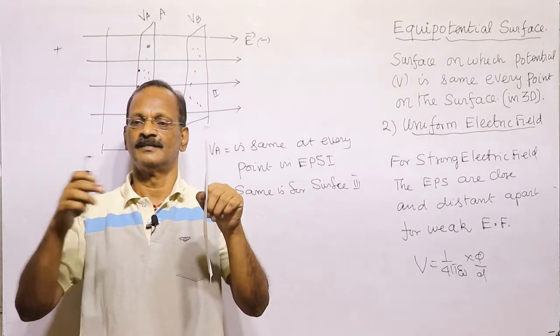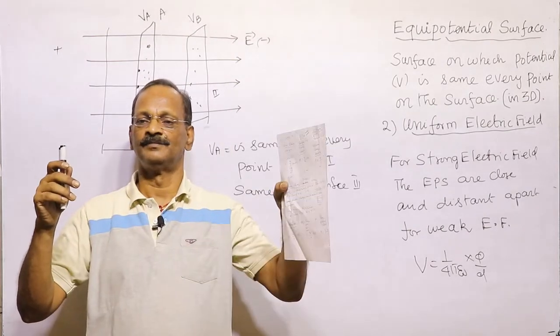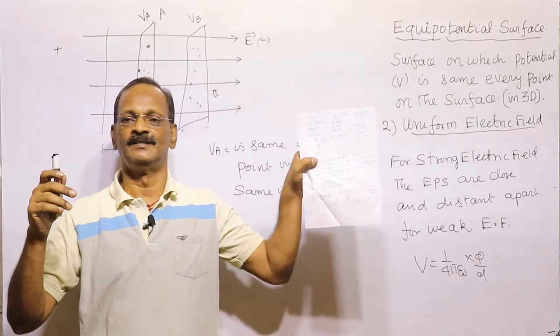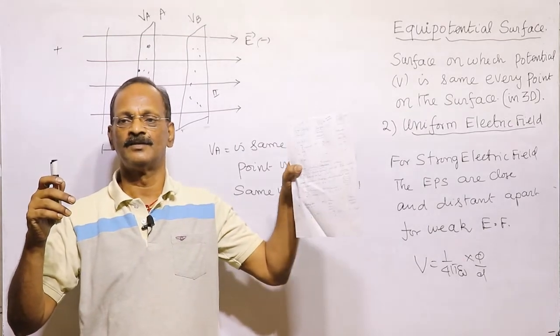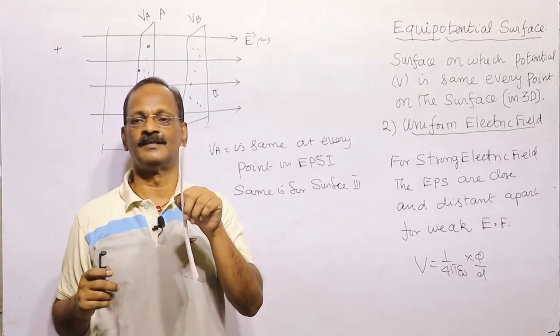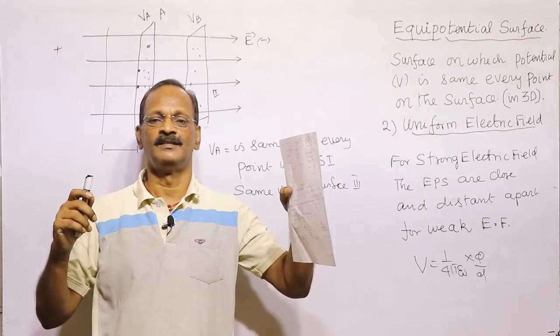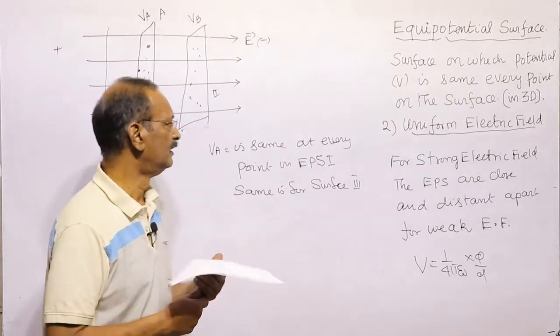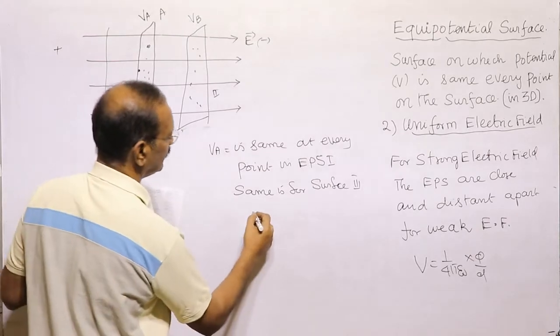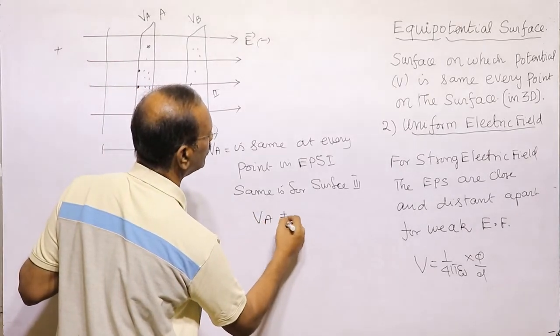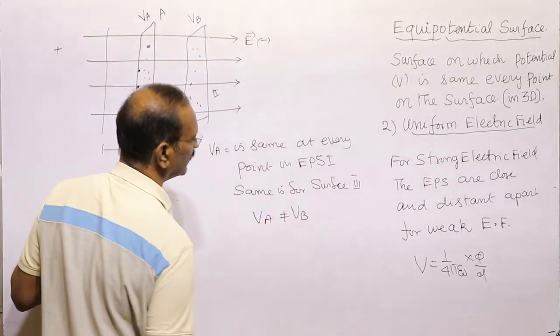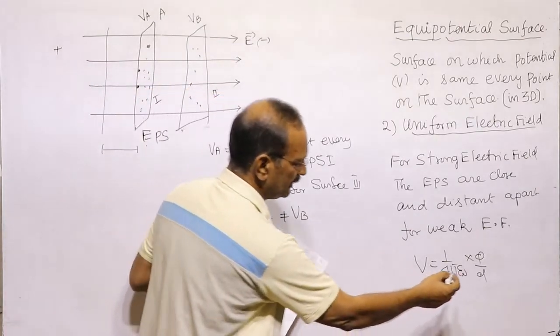From here, this is surface 1, from here this is surface 2, and what is this shape? It is rectangular. So on this surface the potential is the same, on this surface the potential is the same, but the potential at A is not equal to the potential at B, because potential depends upon the distance.